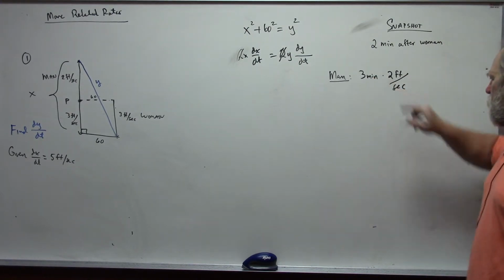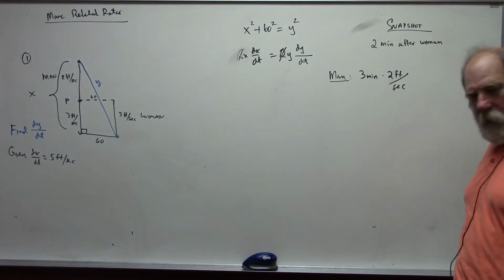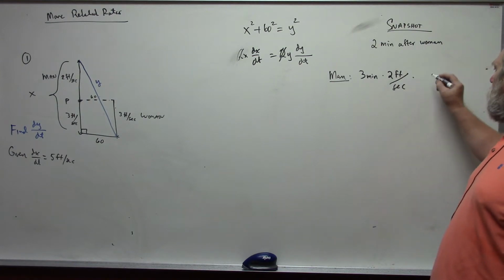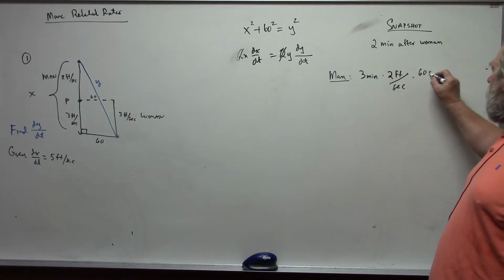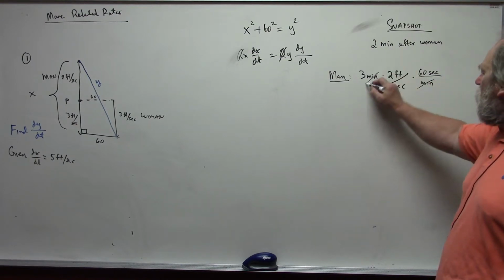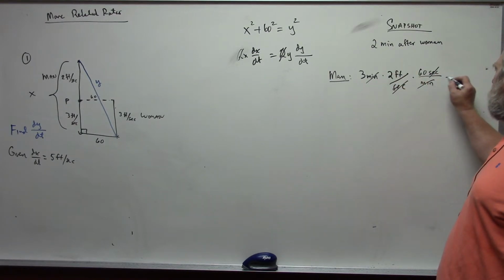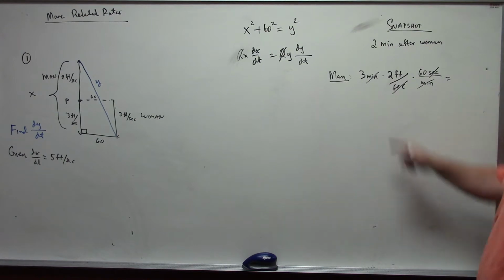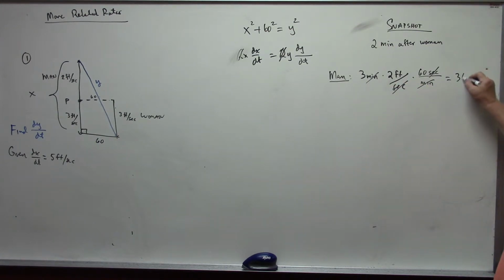And since these units are not the same, this is one time when writing units is useful. There are 60 seconds in a minute, and the units reduce out, and all we're left with is 360 feet.